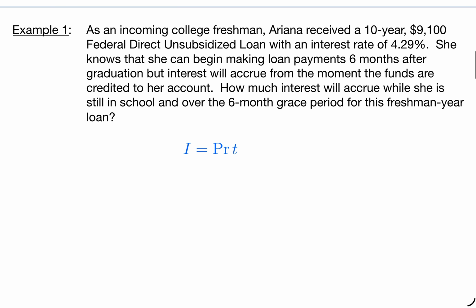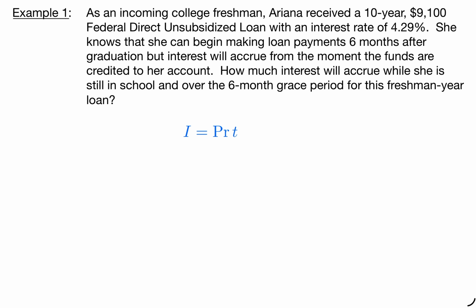So the equation to solve for this is I = PRT, where P represents the principal amount, which is the loan amount. The R stands for the rate that she's being charged, and then T is time. In this case, it's going to be 4.5 years, because she has 4 years to finish school, plus a 6 month period before she has to start her payment.